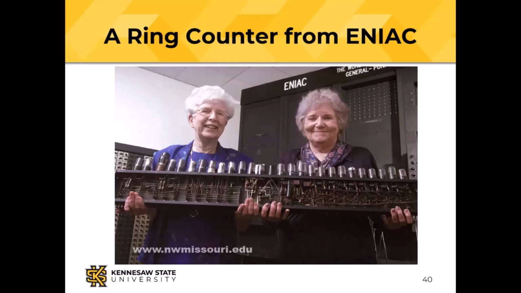Now, the son of a gun thing, if you take the 10 vacuum tubes that are the active components of the ring counter, there's way more than 10 on that device, you can go 0 through 9, or if you use them for binary numbers, you can go from 0 to 1023.